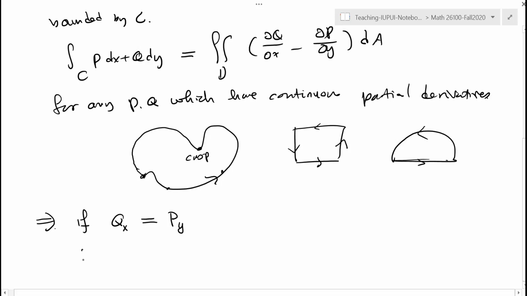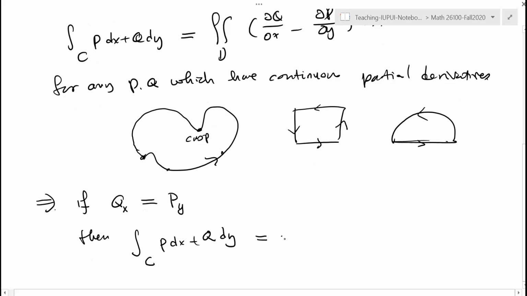Then the integral over C of P dx plus Q dy is going to be 0.